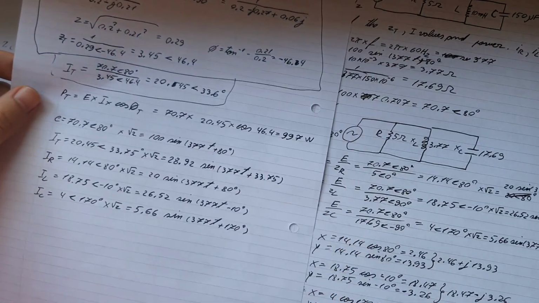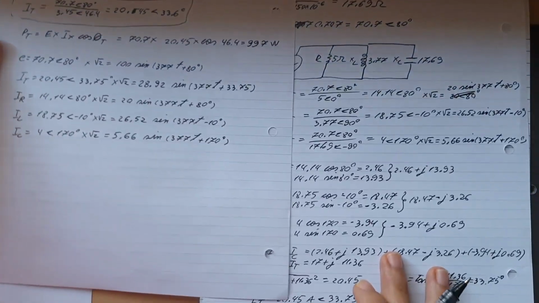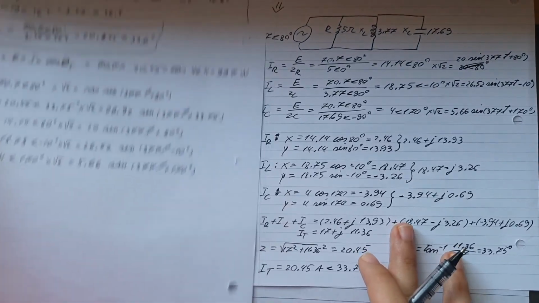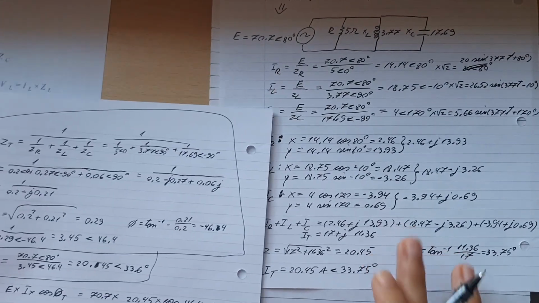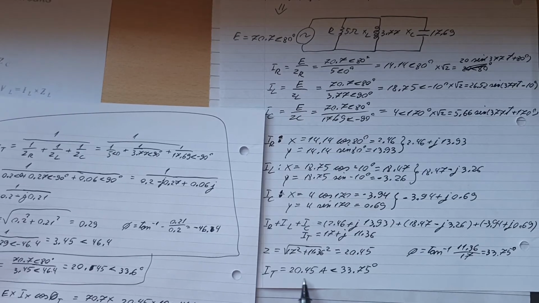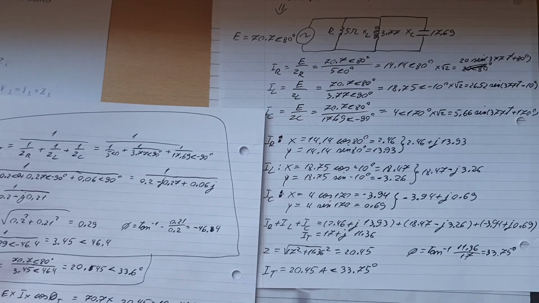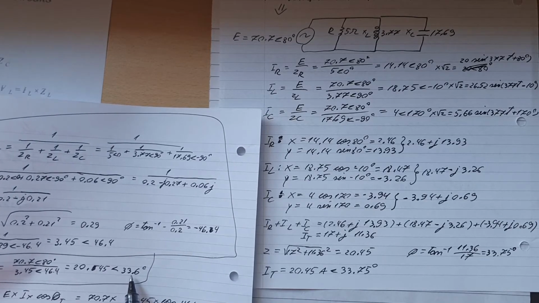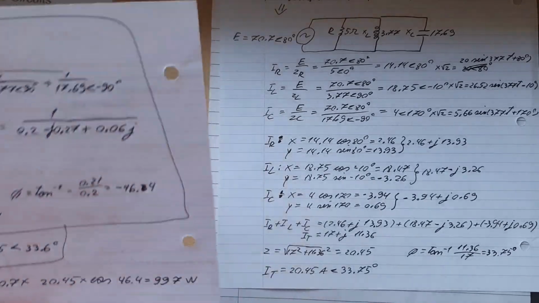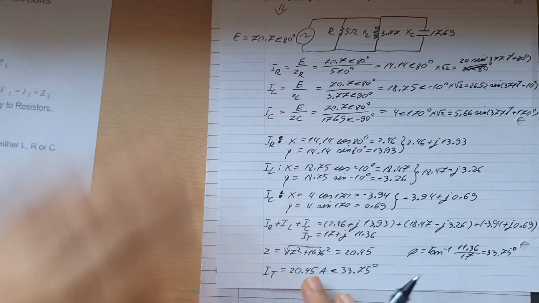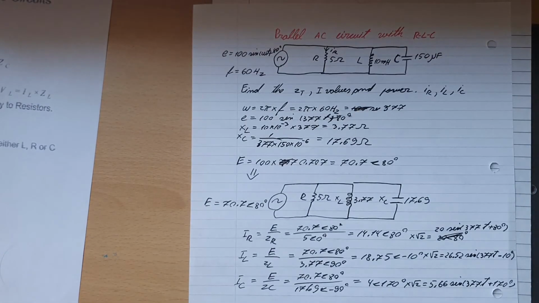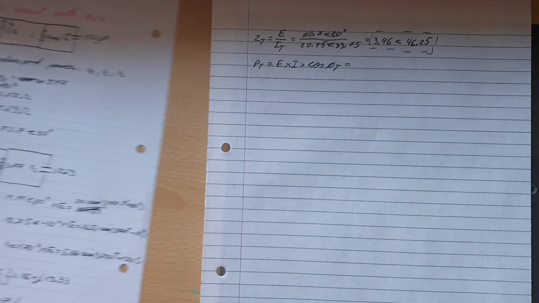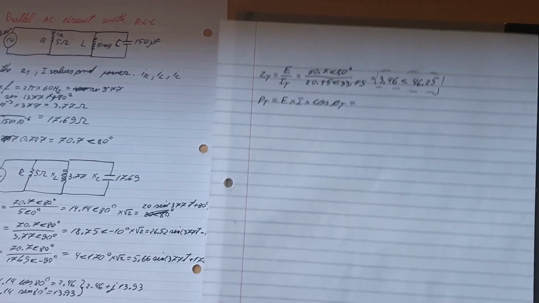We still got 20.45 at an angle of 33.75, but here we got an angle of 33.6. Again, very close to each other, and I'll consider it correct. It's because I used a different method, so the answer might be slightly different.